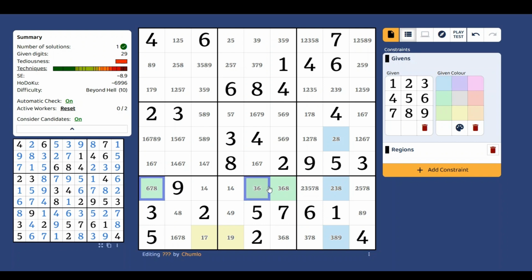Our green ALS does not have an RCC with our blue ALS, but it does have a shared candidate of a 3. So there's only one cell that actually sees all instances of this 3, and that is this cell right here.